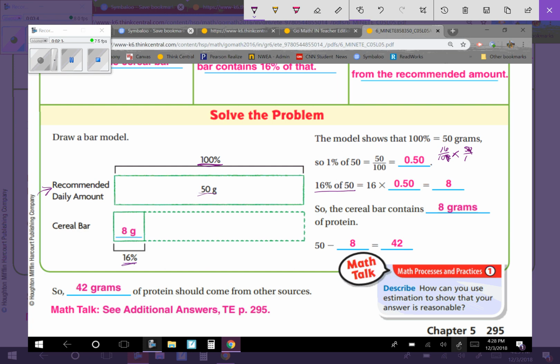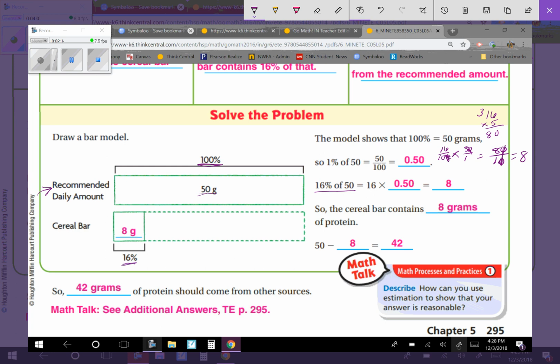So now I have 16 over 10 times 5 over 1, which means 16 times 5. You would get 80 over 10. Simplify again, that gives me 8 over 1, which equals 8. Whichever way makes more sense to you, you are welcome to use, as long as you still get to the same answer, which is 8.